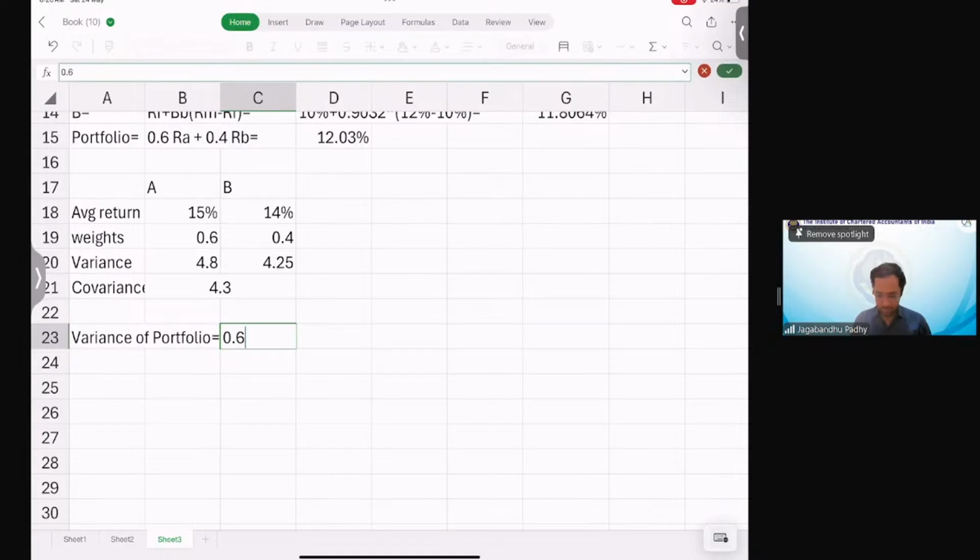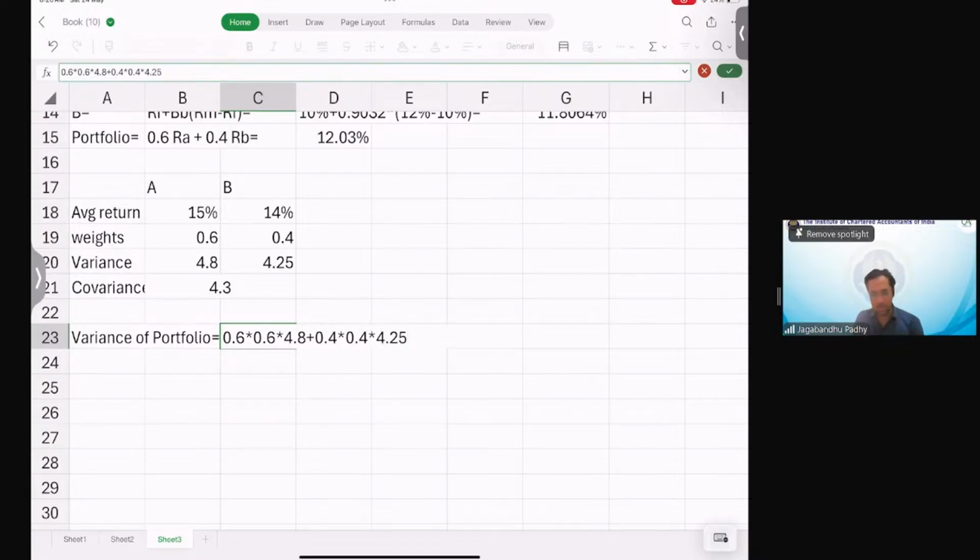So variance will be 0.6 into 0.6 into 4.8 plus 0.4 into 0.4 into 4.25.